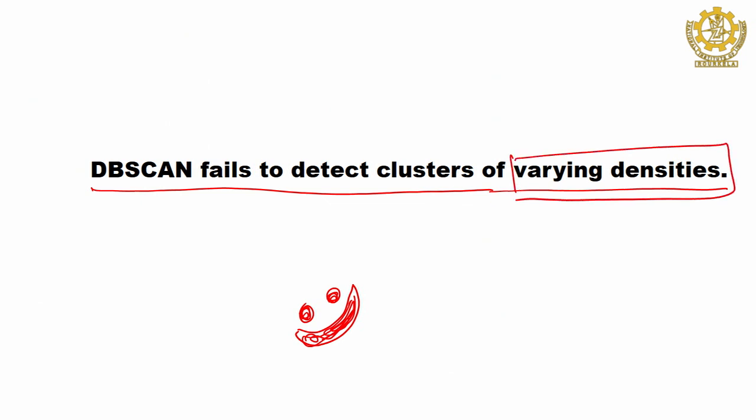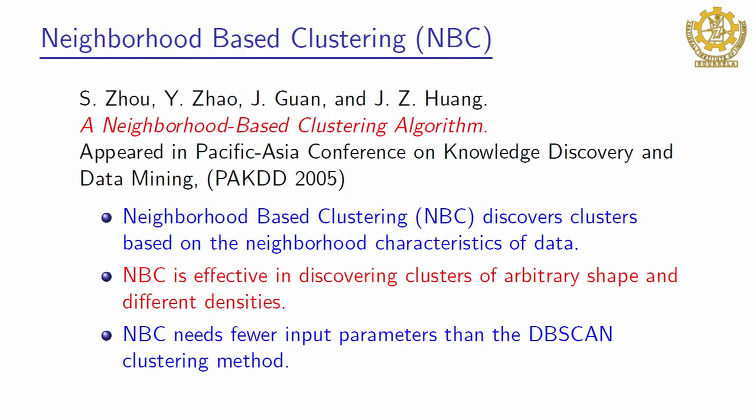Now, we will talk about a clustering approach which can find the clusters even if the cluster densities vary heavily. That is called NBC, the neighborhood-based clustering approach. Here is the description. This clustering approach was introduced at PAKDD, another top-tier data mining conference.